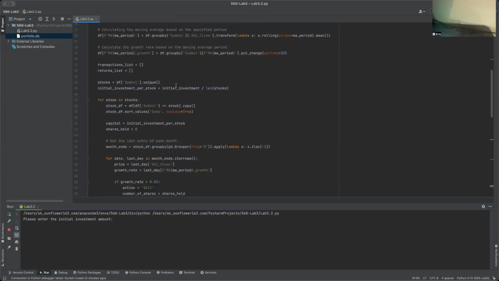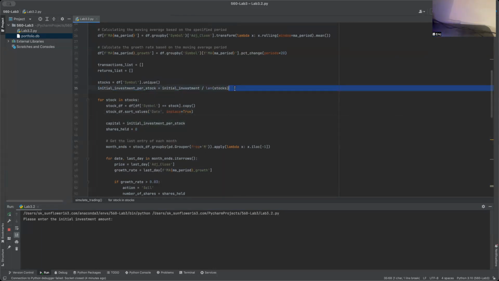And so we already have this portfolio database here. The portfolio database has 4 stocks. Let's say we invest $10,000 into these portfolios, then we have 2,500 for each stock because there are 4 stocks in this portfolio.